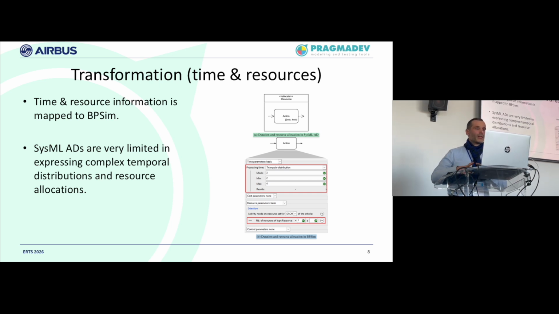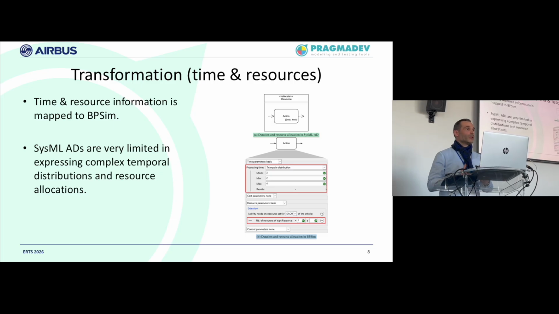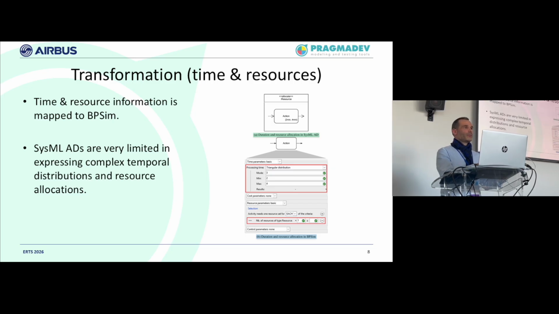So basically at the end we have a single model that includes the functional behavior described in the activity diagrams in the BPMN form, and also time and resource allocation requirements.